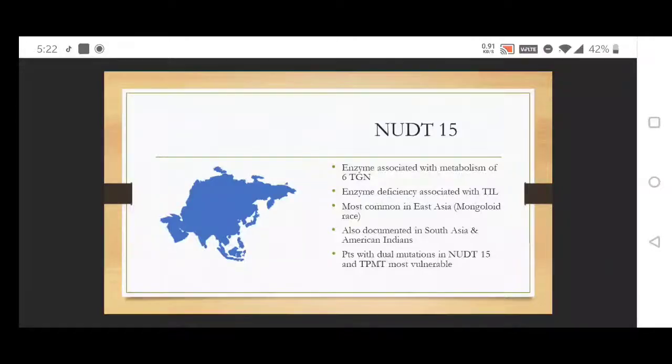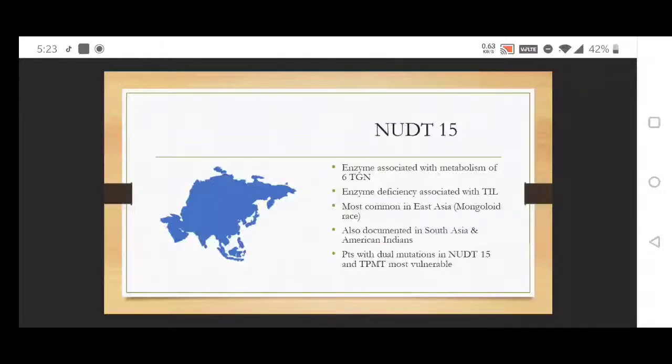What is probably more relevant to us is the NUDT15. This is an enzyme associated with 6-TGN, which, if you remember, was the last product. So this is enzyme deficiency. If your NUDT15 is deficient, you're more likely to get TIL, which is thiopurine-induced leukopenia.